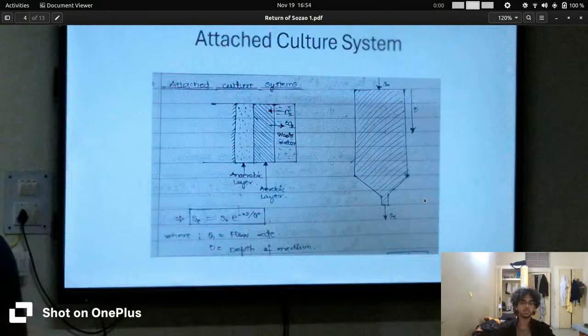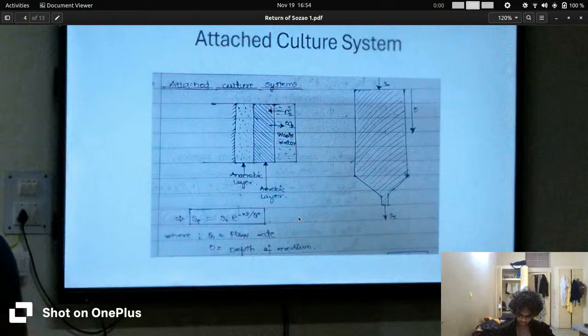I honestly don't need to derive it, I should just memorize it. But I know that S is directly proportional to ds by dt. So that's where it's coming from. So it becomes an exponent, of course negative because the S naught is getting consumed. So S naught e raised to power minus kd on qn.